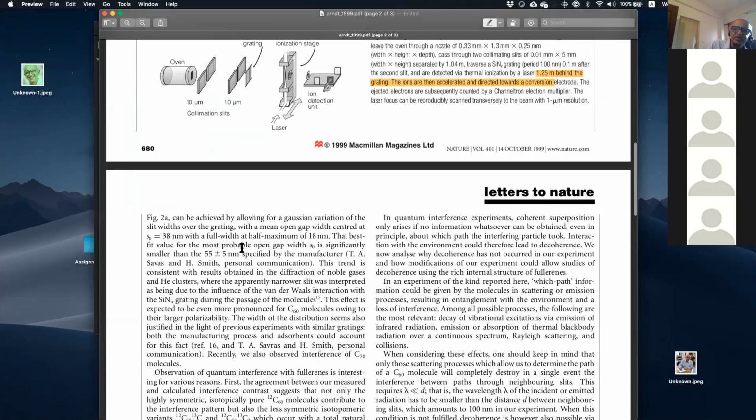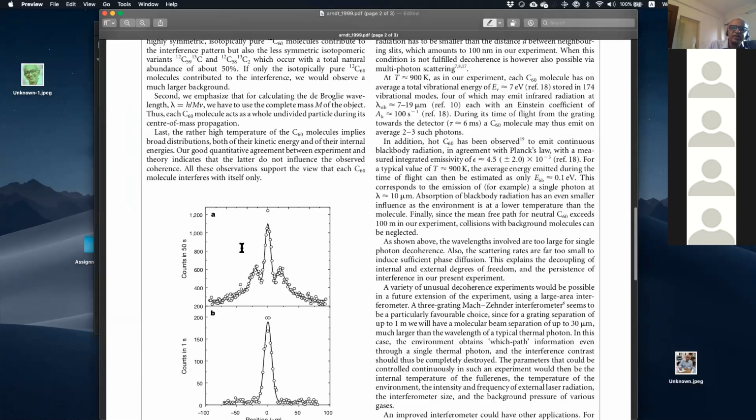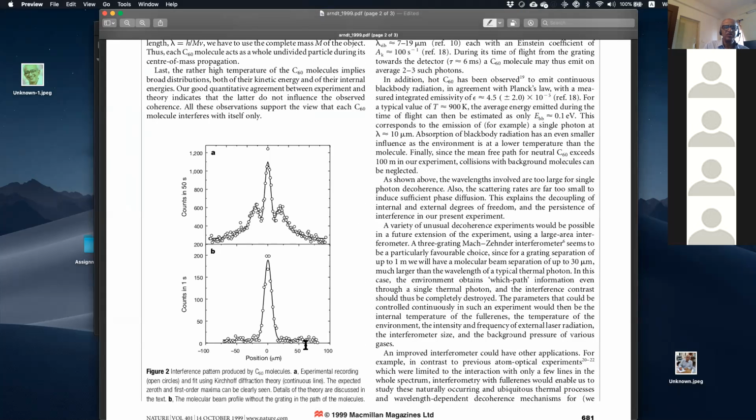And when they detected the arrival of C60 molecules, if there is no grating, you get just one peak like this. But if you put the grating, that means a collection of slits, then you get an interference pattern, which looks like this.